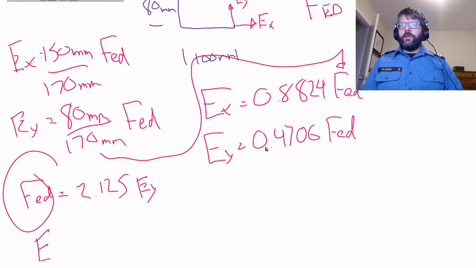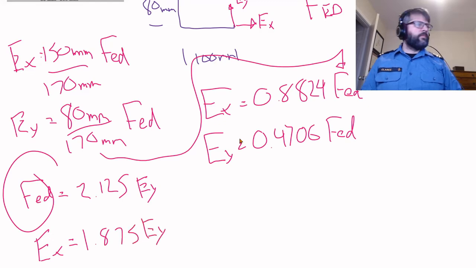So EX is equal to 0.8824 times 2.125 EY, which gives 1.875 EY.